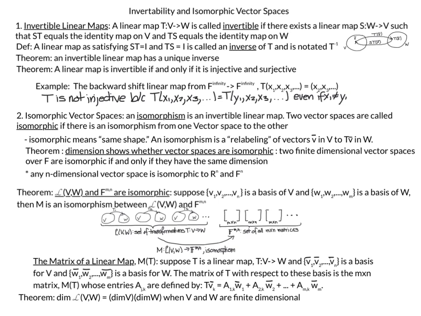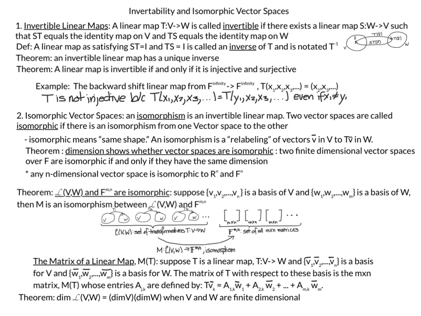Next, we have this theorem that dimension shows whether vector spaces are isomorphic. So two finite dimensional vector spaces over F are isomorphic if and only if they have the same dimension. And for me, the big takeaway that's surprising and very powerful is that any n-dimensional vector space is isomorphic to Rn and Fn. And last, we have this theorem that the space of linear maps from V to W and the space of m by n matrices are isomorphic.